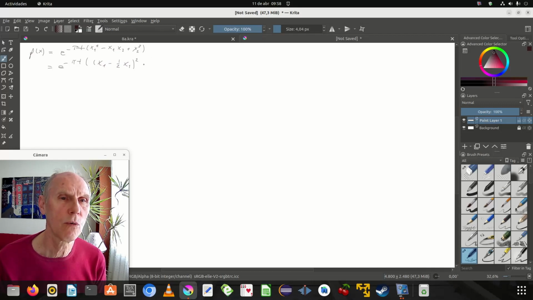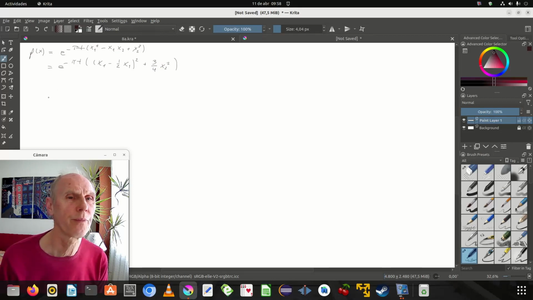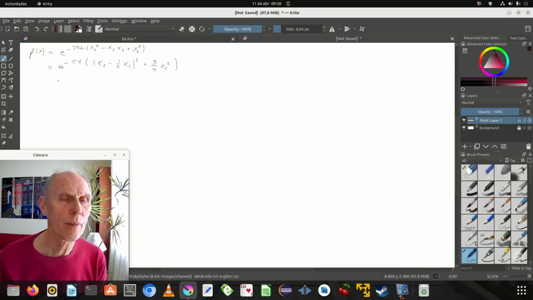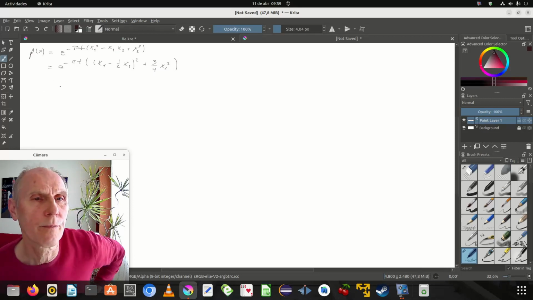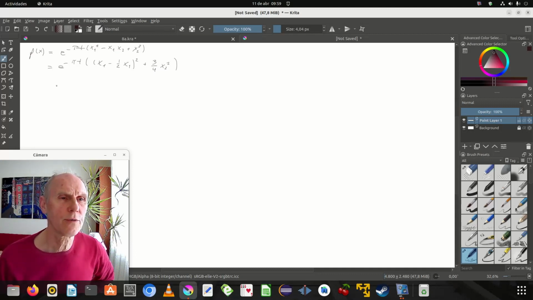That gives 1/4, so there are 3 quarters x2 squared left. And this calls for a change of variables. Let's call them u and v.